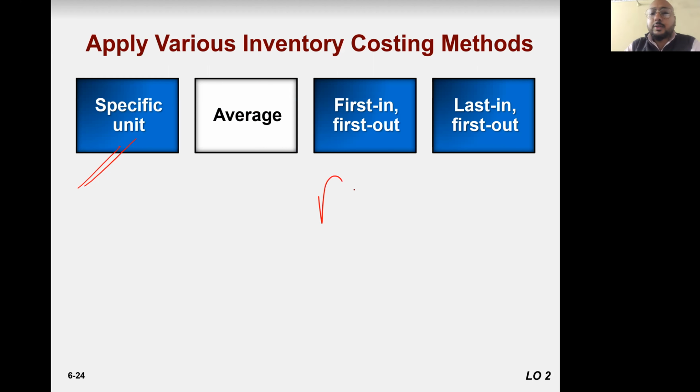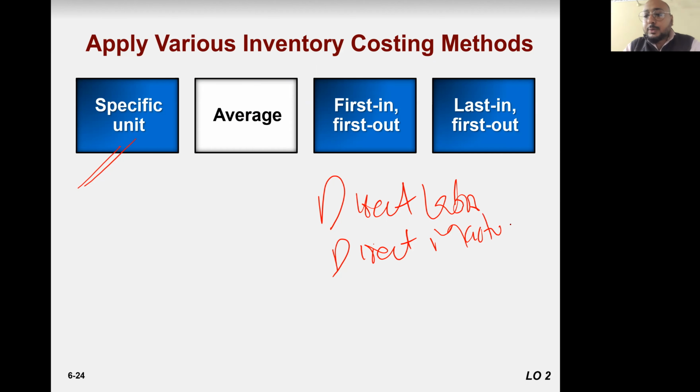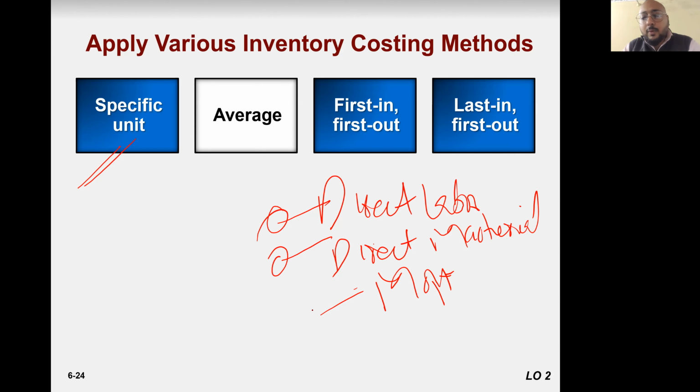How much labor cost has been used, how much material has been used, and how much manufacturing overhead has been used. It is very easy because everything is clearly provided. But the thing that makes it difficult is that you need to find out these three for each product.